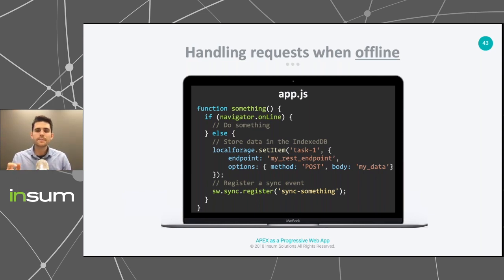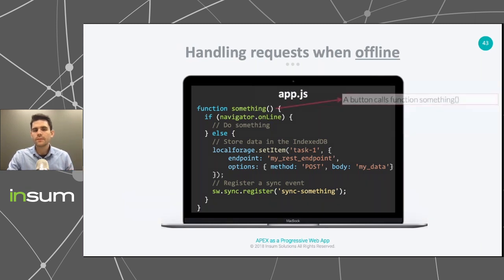In order to resubmit data to the server when connectivity comes back, all backend processes must be exposed as web services. So when the user is offline, a reference to a web service can simply be stored in the IndexedDB, which will be invoked by the service worker later on when we get connectivity back.